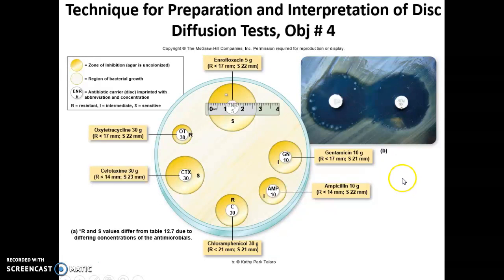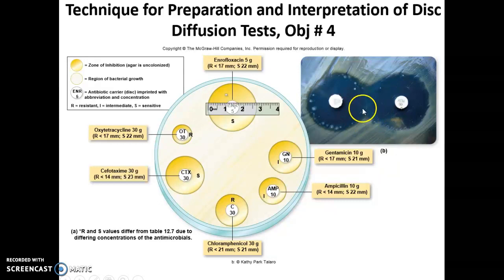Another thing this figure shows, it's kind of hard to see, you have to look at it in a particular light, is that this right here is the delineation of the zone of inhibition for this drug, and then this is the circle for this other disc. But right here in the middle is where you should have growth. If you just make a line there, you should have growth right in here. But this is giving an example of synergism.